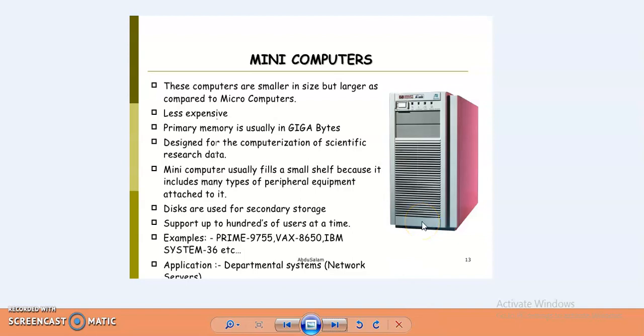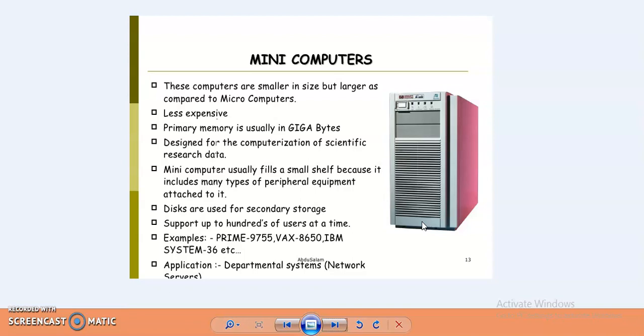You see that these computers are smaller in size but larger as compared to microcomputers. They are less expensive as compared to mainframe computers, which are the next level of computers. Primary memory is usually in gigabytes, and they are designed for the computerization of scientific research data.